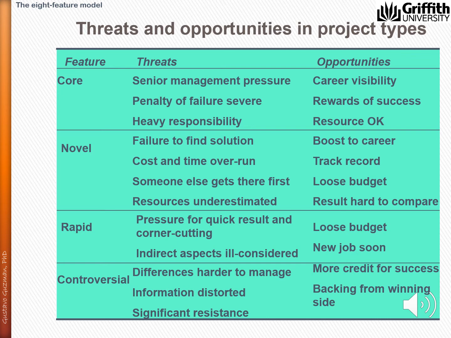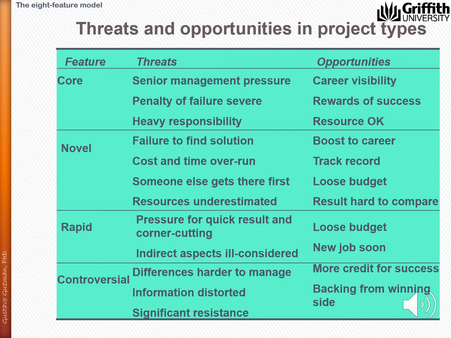However, the opportunity is that it is very hard to compare with other projects because your novel project is unique. Think of the Sydney Opera House: against which other project can you compare it? Difficult to compare.